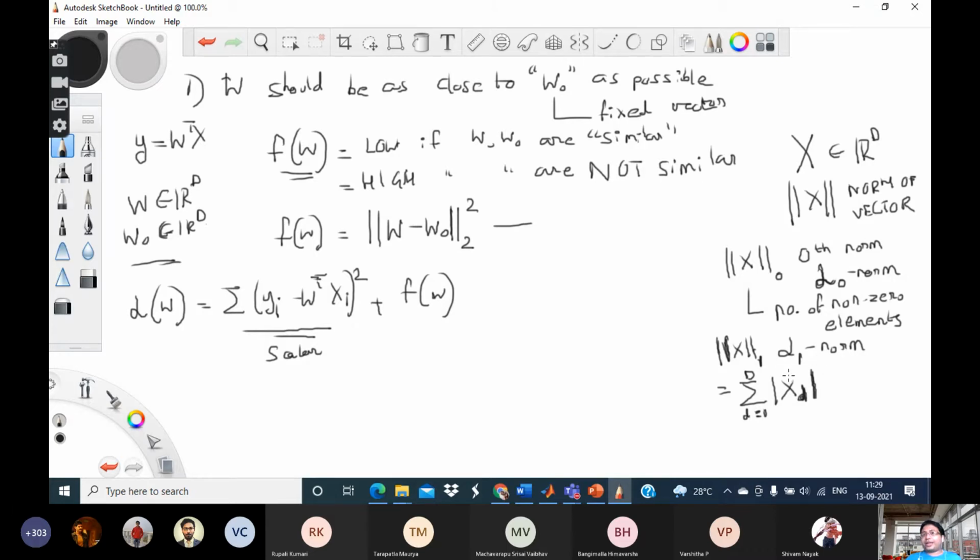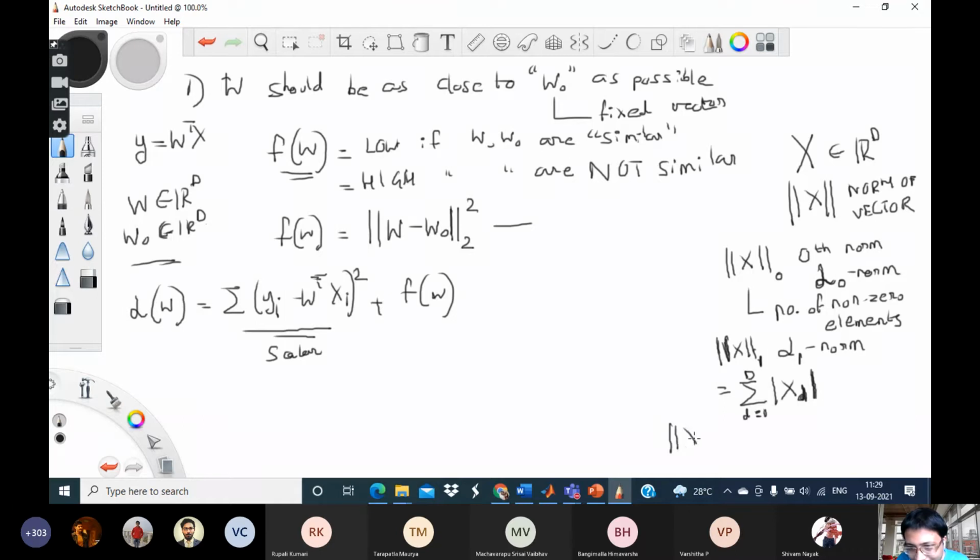One vector is like a point, and I cannot have a distance for one point. A distance must be between two points. So when I am dealing with just one vector, I simply call it, as someone said, the sum of the absolute values of the different elements of the vector. Right? This is the L1 norm.